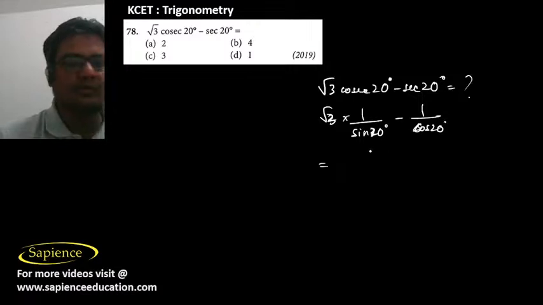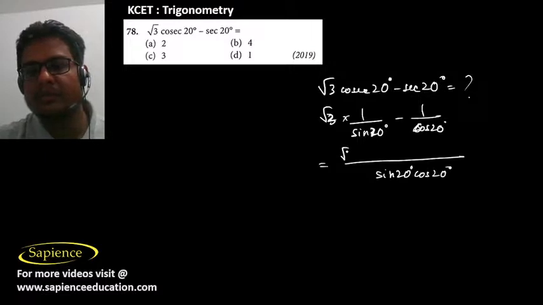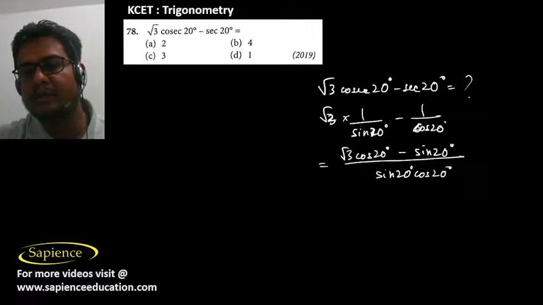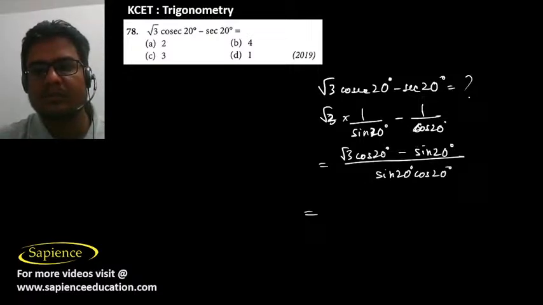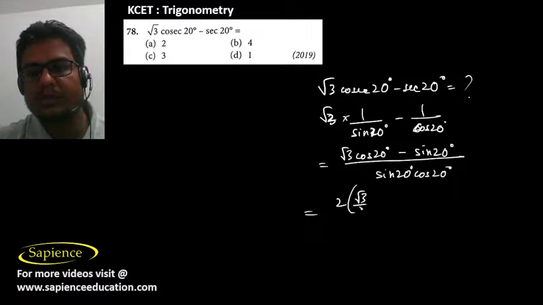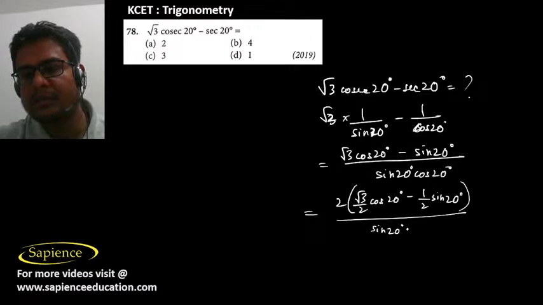If you take the LCM, that will be sine 20 cos 20 in the denominator. The numerator will be root 3 cos 20 minus sine 20 degree. I can take 2 common outside, then this will be root 3 by 2 cos 20 degree minus 1 by 2 sine 20 degree, divided by sine 20 degree into cos 20 degree.